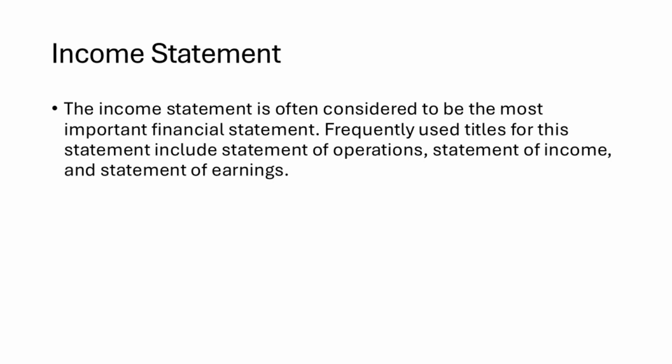The income statement is often considered to be the most important financial statement. Frequently used titles for this statement include statement of operations, statement of income, and statement of earnings. Both statement of operations and statement of income are very popular titles.